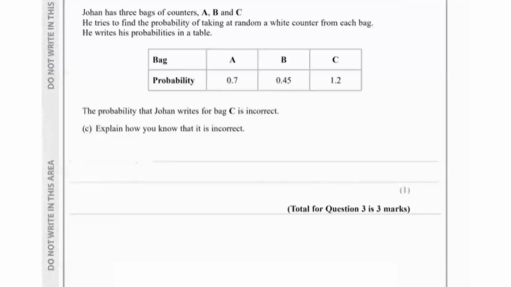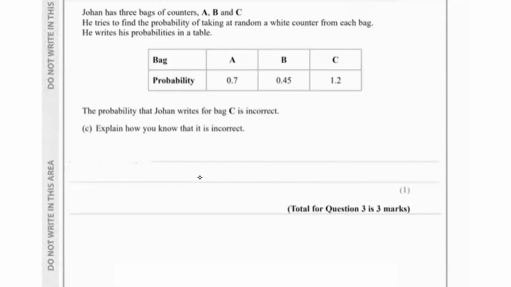Then it says Johan has 3 bags of counters A, B, and C. He tries to find the probability of taking at random a white counter from each bag. He writes his probabilities in a table. Now for bag A, the probability is 0.7, bag B has a probability of 0.45, and C has a probability of 1.2. The probability that Johan writes for bag C is incorrect. Explain how you know that it is incorrect. Now the reason why it's incorrect is because your probability can never be greater than 1.